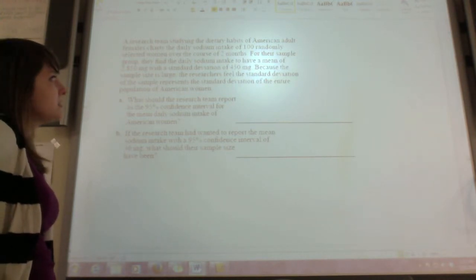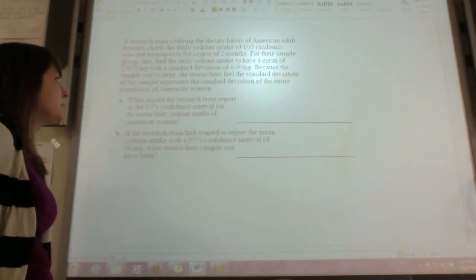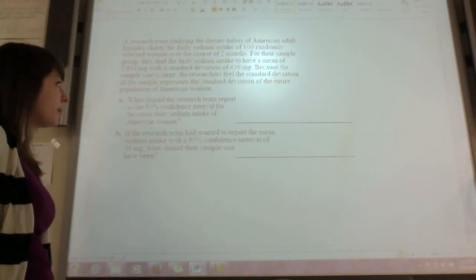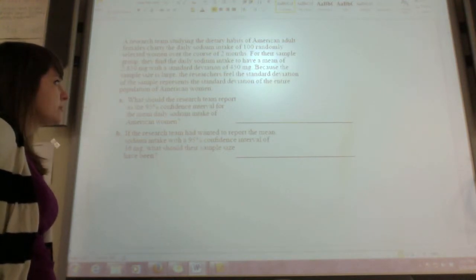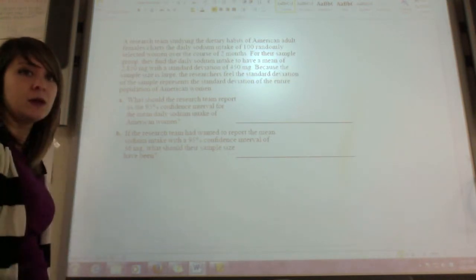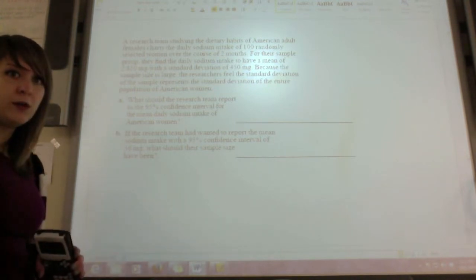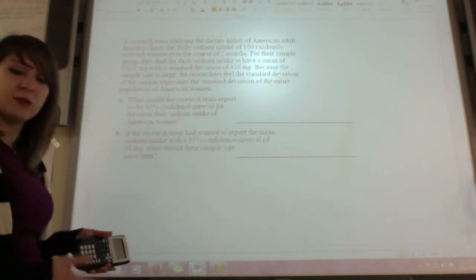Because the sample size is large, the researchers feel the standard deviation of the sample represents the standard deviation of the entire population of American women. What should the research team report as the 95% confidence interval for the mean daily sodium intake of American women? So we're asking, what is that interval for at the 95% confidence level?